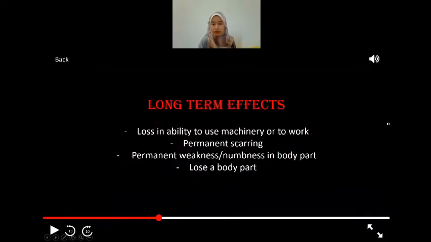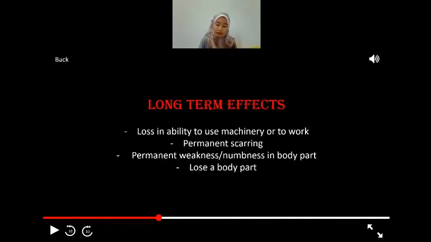For long-term effects, we might lose the ability to use machinery or to work. If it heals, the minor or external injury can heal in a few days or take up to 3 to 6 weeks, whereas internal or major injury might go up to a few months or even a year plus.